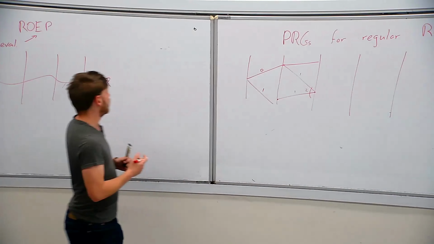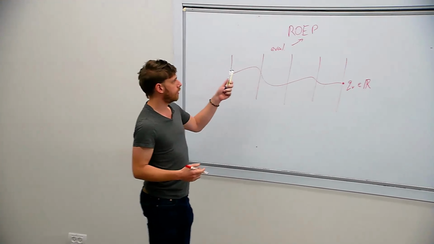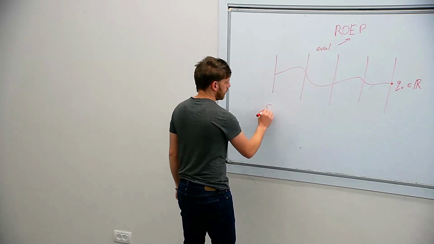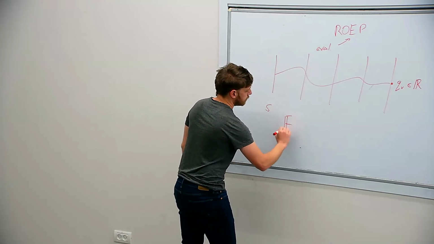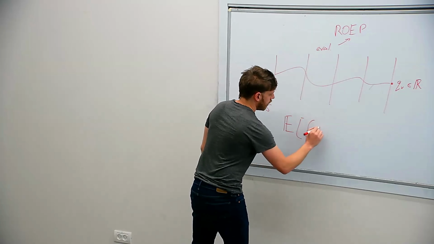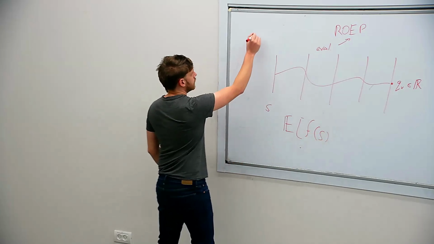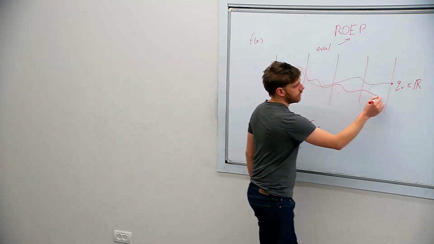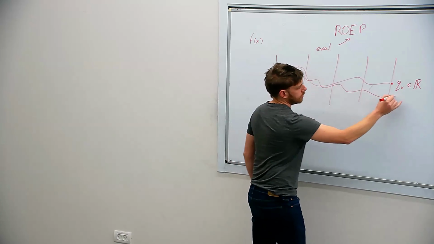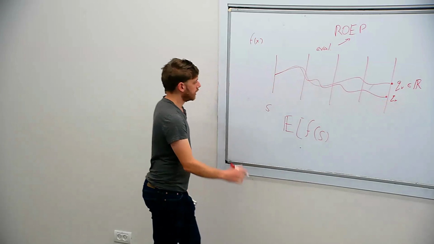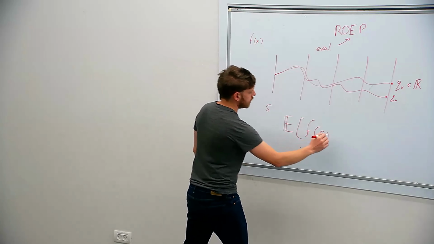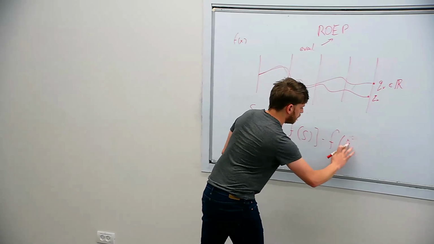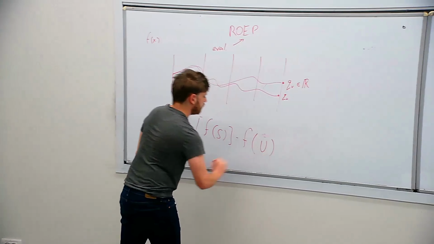And what's a PRG for ROEPs? It's a set S such that the expectation of f(s) is close to the expectation of f. So what's f(x)? We follow the path that's defined by x, and you get to a vertex u_x.